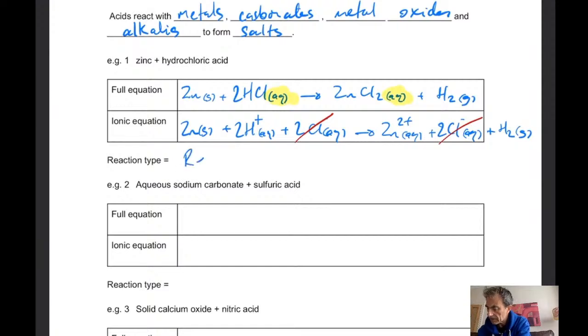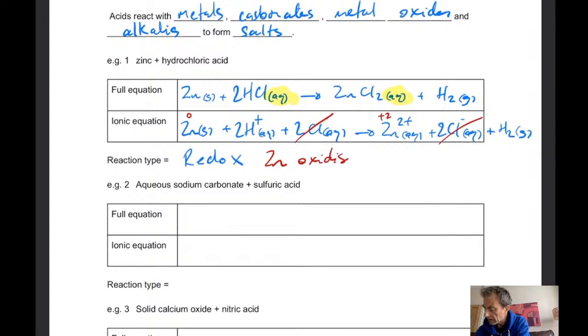Okay, redox. So I'll just explain why. The easiest way to look at it here is in the ionic equation. So zinc's an element, all elements have an oxidation state of 0, and it's gone to the Zn2 plus ion, so it's got a plus 2 oxidation state, and therefore zinc has been oxidized, Zn oxidized from 0 to plus 2.